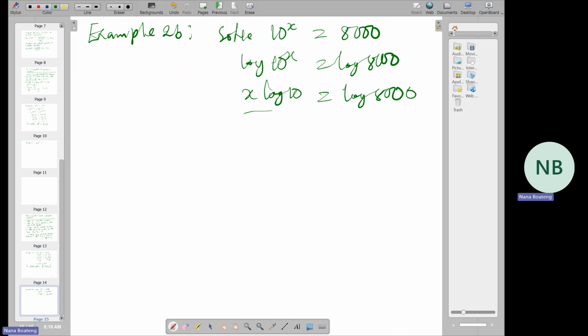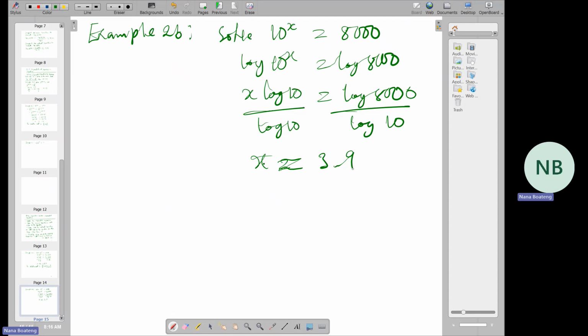So we divide both sides by log of 10. So x is equal to, if we evaluate this on our calculator, we'll get x to be approximately equal to about 3.9. So the solution set is log of 8,000 divided by log of 10.